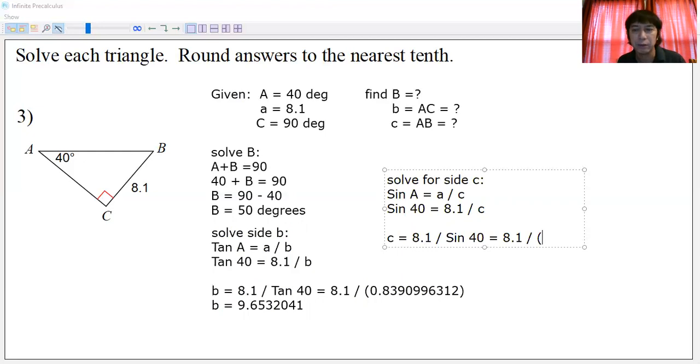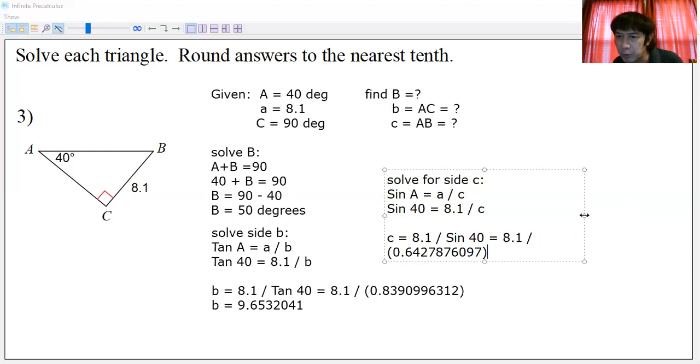Again, we will use the calculator to get the sine of 40. There's the value, 0.6427876097. That will be the value of sine 40.